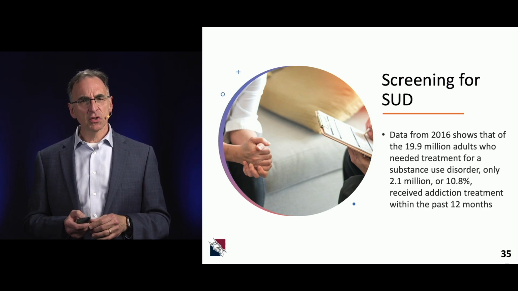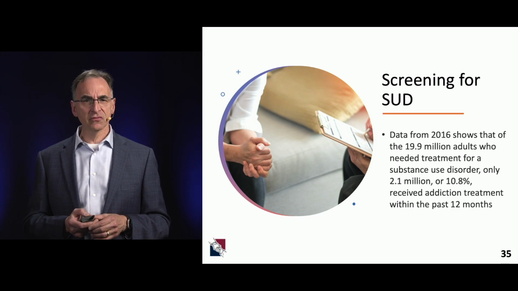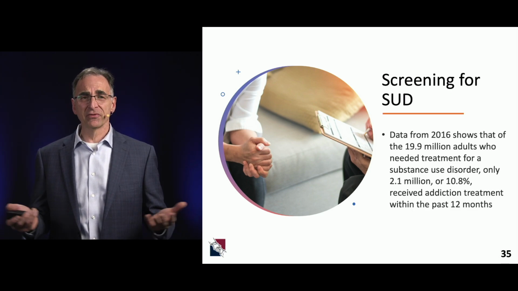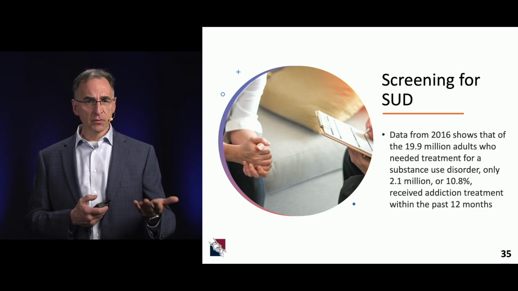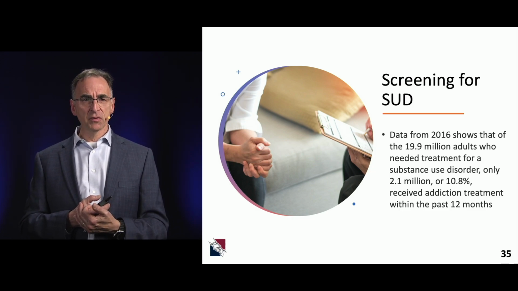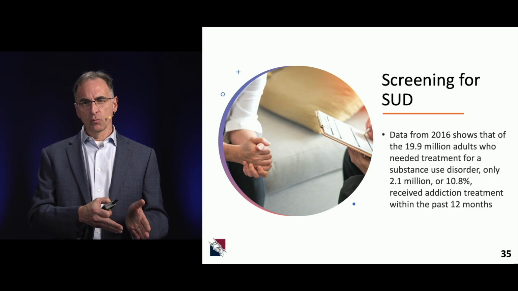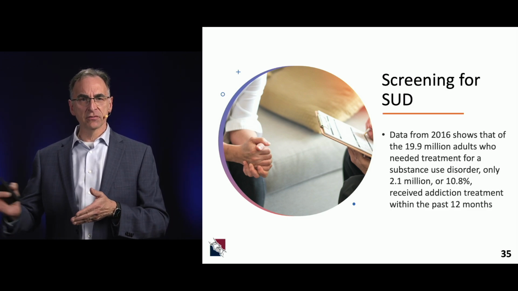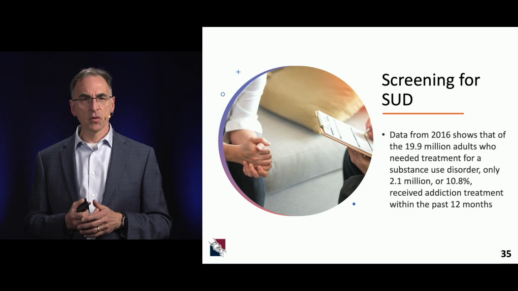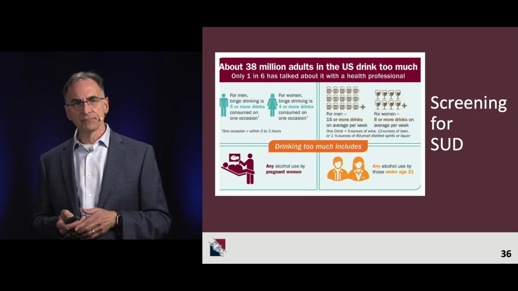Data from 2016 showed that of nearly 20 million adults who needed treatment for substance use disorder, only about 10 or 11% actually received the treatment. 2 million people, or 10%, received addiction treatment in the last 12 months. The point here is that if we don't ask about a problem, we don't identify a problem. If we don't identify a problem, then we cannot intervene, and we're only intervening on a small percent of people that truly are suffering from substance use disorder.